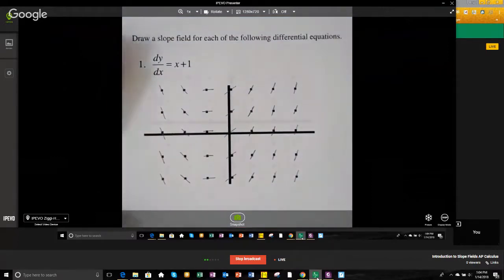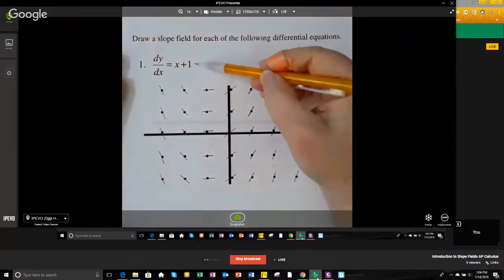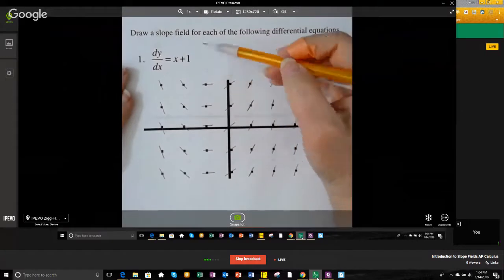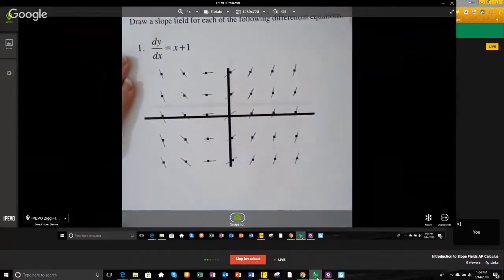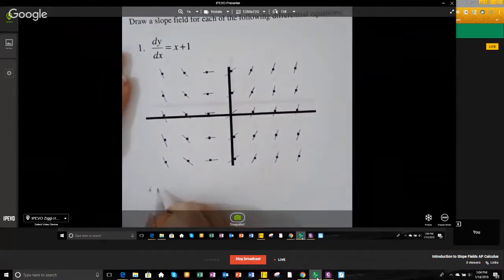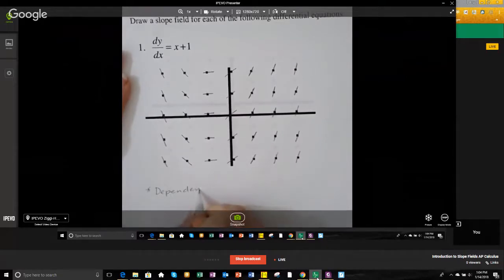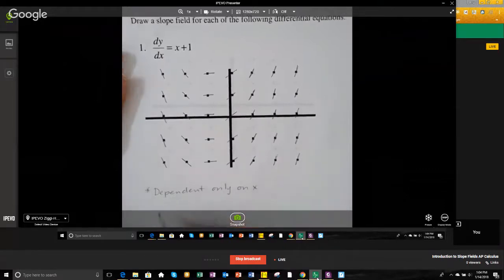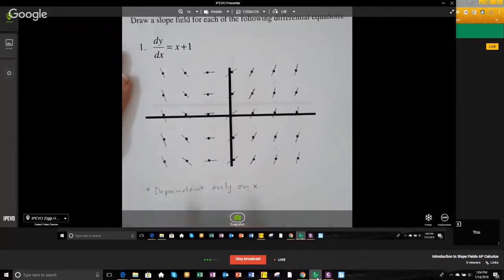Now, when analyzing this slope field, you'll notice that this differential equation is dependent only on x. So I'm going to write that down. Dependent only on x. So if it's dependent only on x, all you need is the x value for each coordinate, and then you know what the slope is.